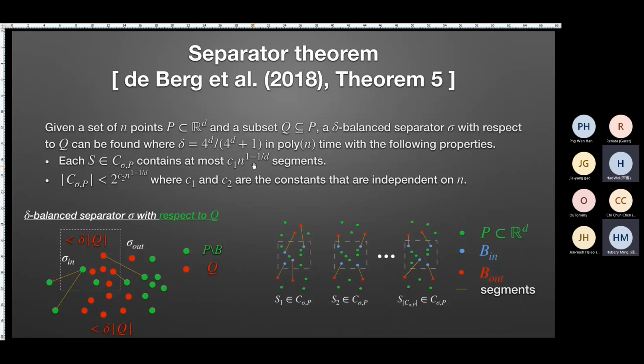There are a lot of connecting configurations between the points inside and outside of the separator, right? And the separator theorem gives an upper bound on such connecting configurations: each connecting configuration contains at most C1 times n to the power of 1 minus 1 over d segments. So there cannot be too many segments crossing the separator.